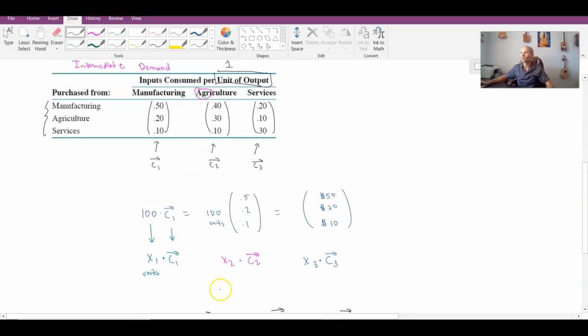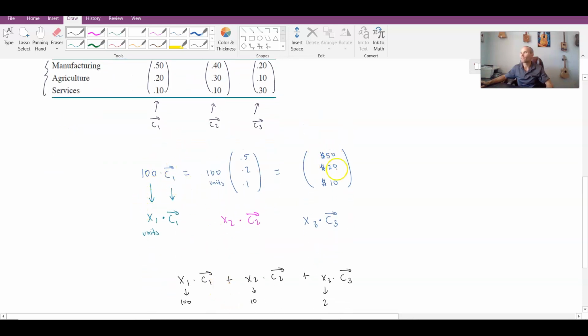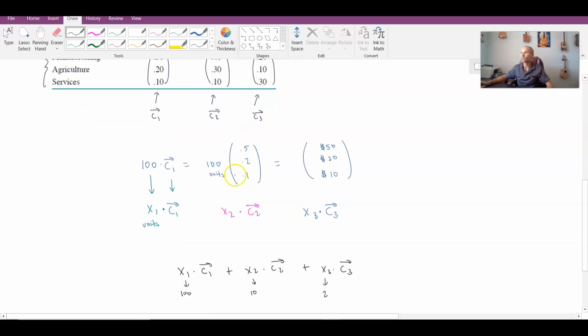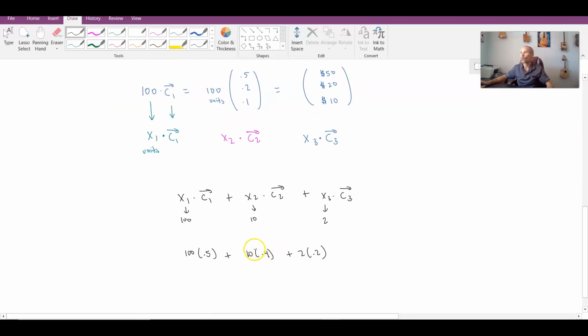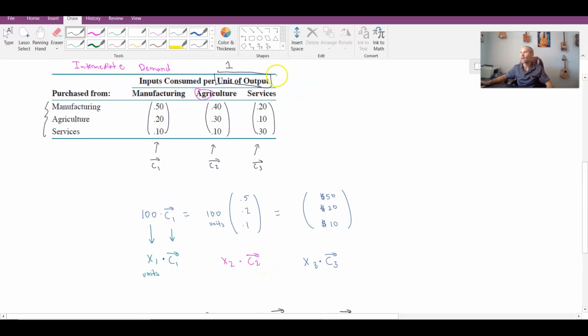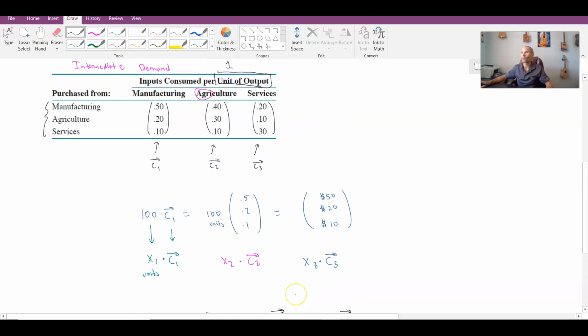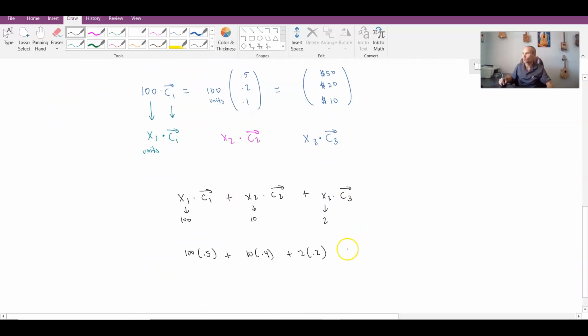The 100 times 0.5 tells me how much the $50 worth of product is required in order for manufacturing to produce 100 units. Similarly, for agriculture to produce 10 units, it's going to cost $4 worth of manufacturing. And for services to produce 2 units of its output, it's going to require, basically in this case, 40 cents worth of manufacturing. So this will tell me the total needed for manufacturing.